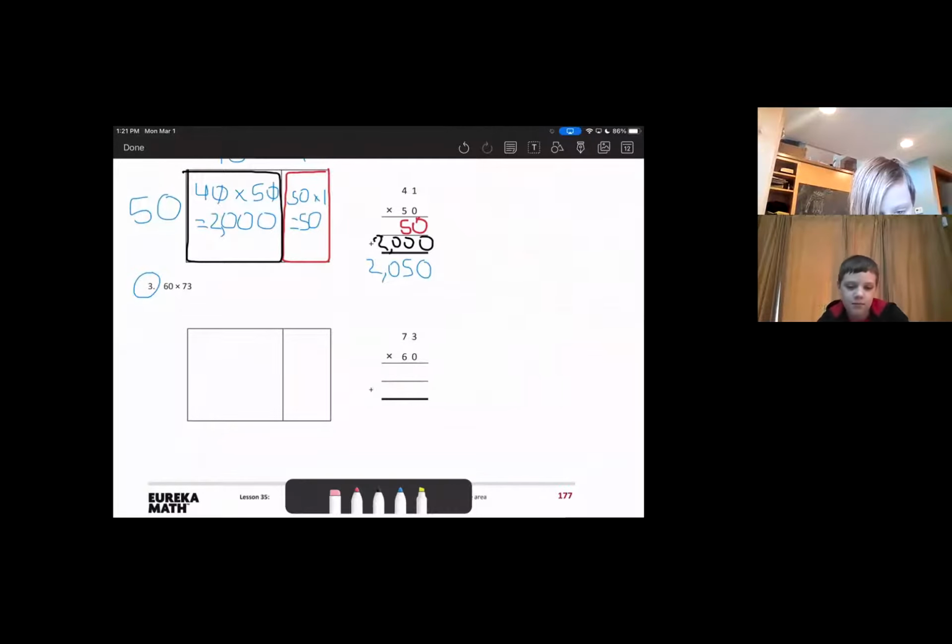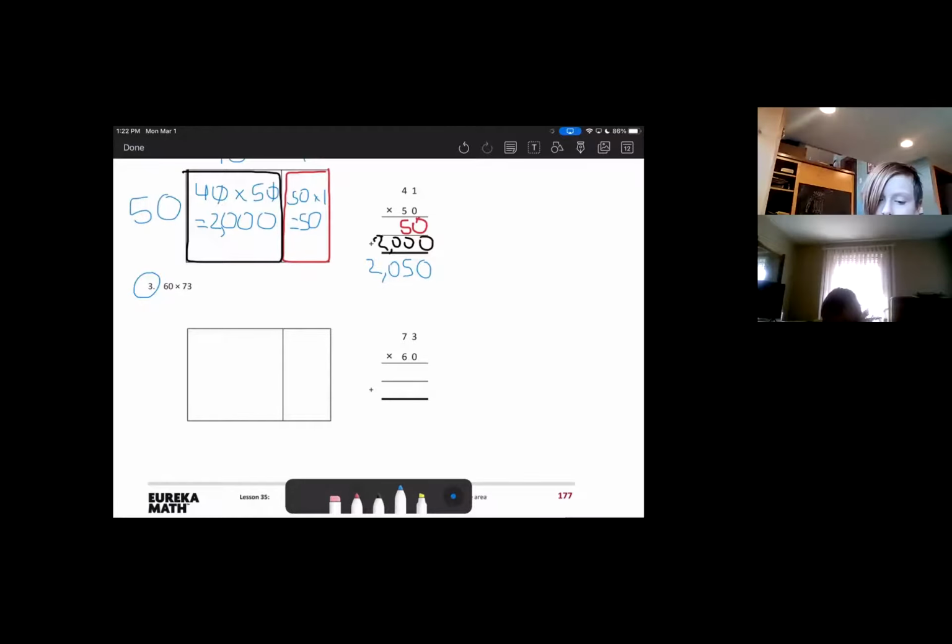Let's see, Hunter, walk me through what you and your group did. Okay. So first put 60 on the left side. 70 at the top of the bigger box, and then 3 at the smaller box. Then we do 60 times 3.